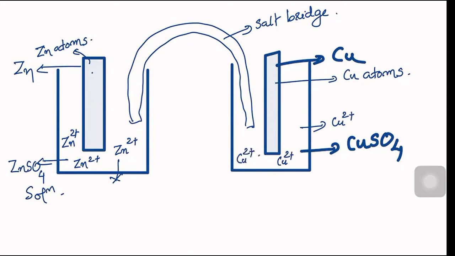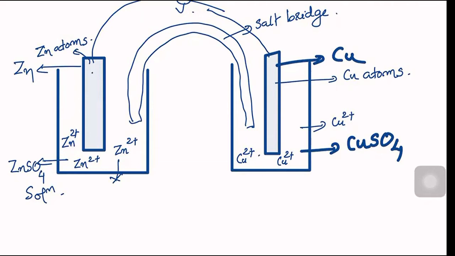If I connect these two rods using a voltmeter, I will be able to see electricity produced by this galvanic cell. We'll see how.